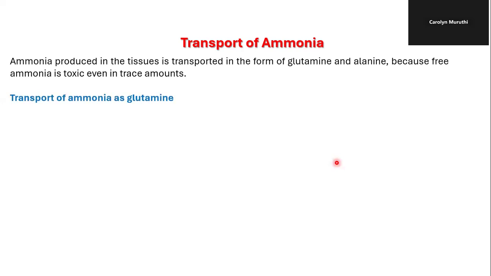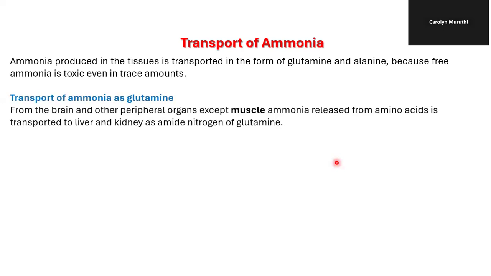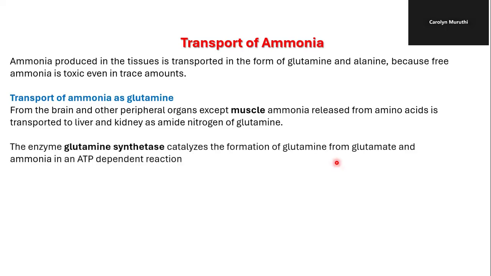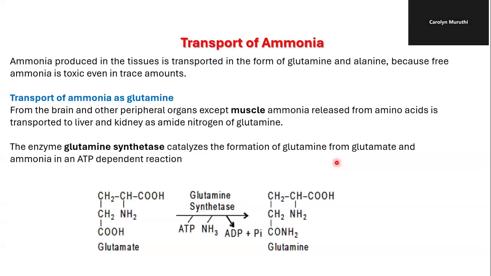How is it transported as glutamine? So from the brain and other peripheral organs, except muscles, ammonia released is transported to the liver and kidney as the amide nitrogen of glutamine. And here we have the enzyme glutamine synthetase, which catalyzes the conversion of glutamate, picking up the ammonia or the amino group, to glutamine.